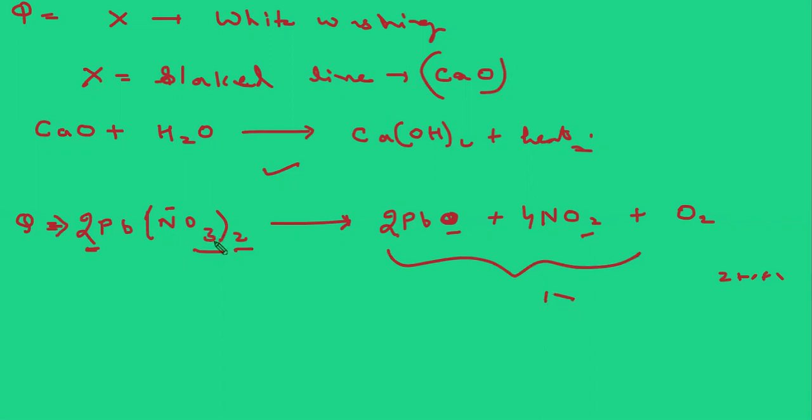And here it is also 12. Why? Because 3 twos are 6 and 6 twos are 12. So everything is balanced now. Am I right? So it means we have to apply some hit and trial methods also, and we can easily balance them. So we have to remember such types of reactions.